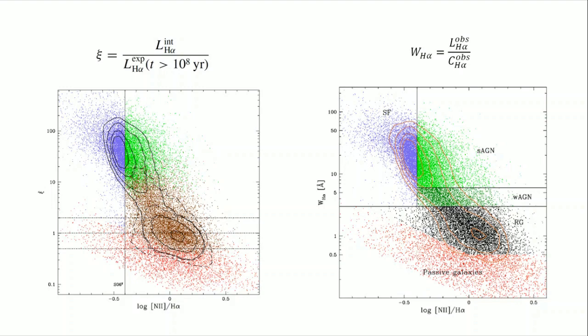The width of H alpha is the observed H alpha luminosity divided by the continuum luminosity around H alpha. So apart from the extinction correction, the numerators of both Z and width of H alpha are similar. The paper also discusses in detail the physical aspects behind why they are similar and why the plots look identical.